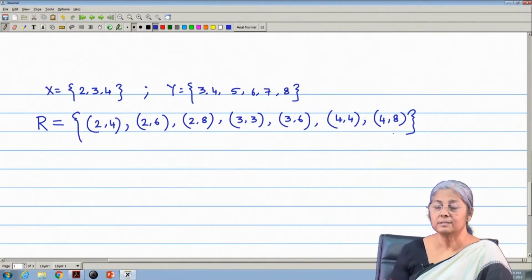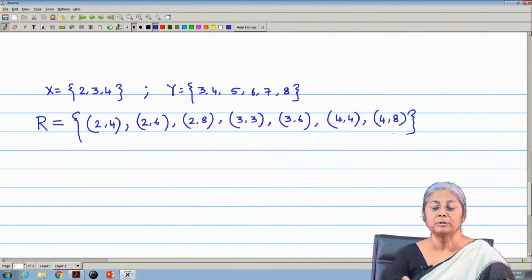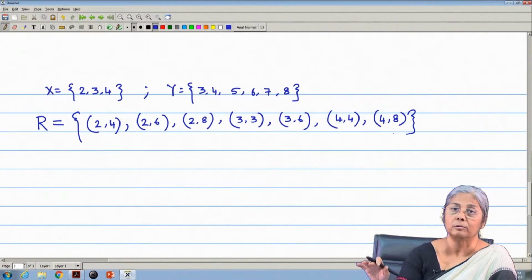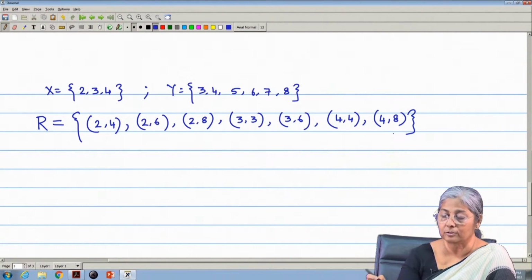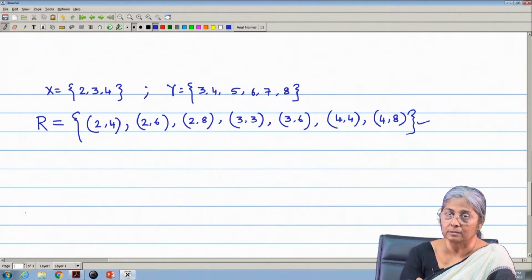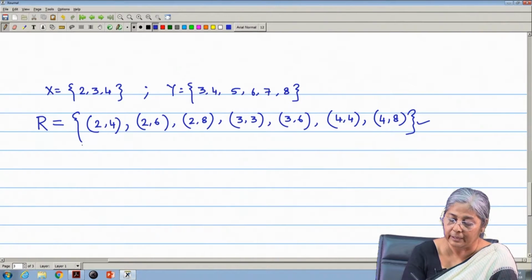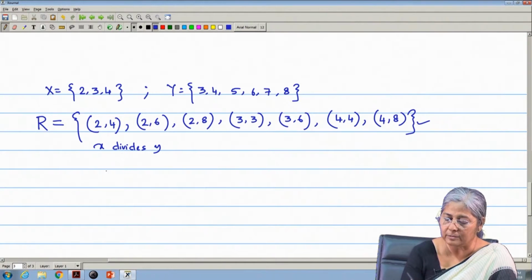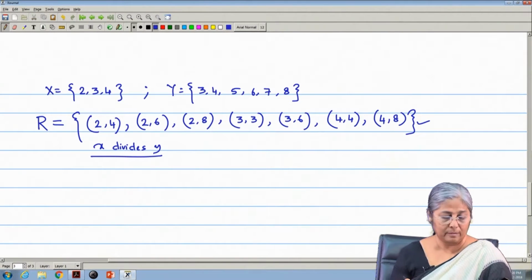This is a subset of the Cartesian product, because the Cartesian product is all possible ordered pairs, and this is the subset for which the relation holds, that X divides Y.